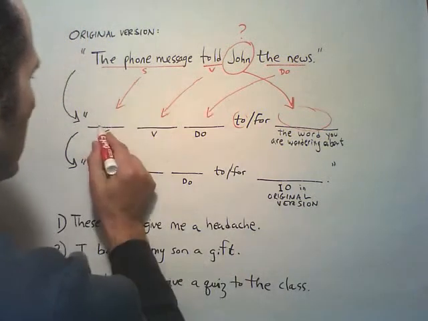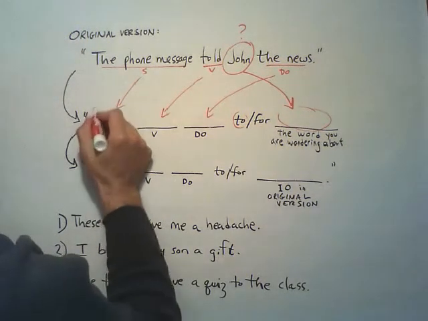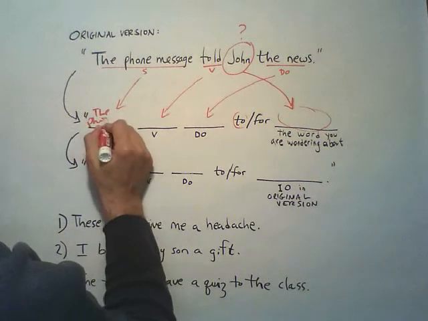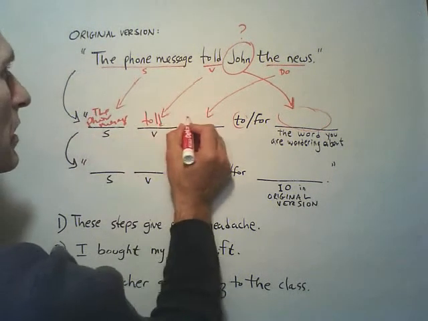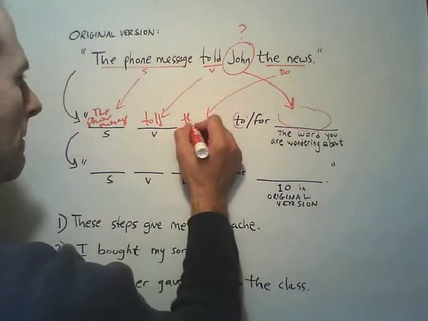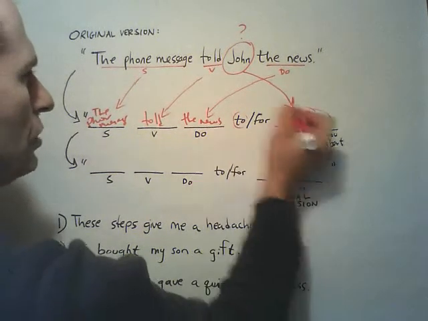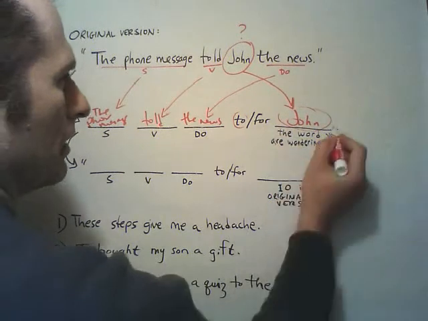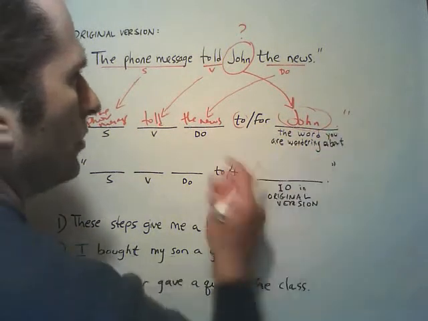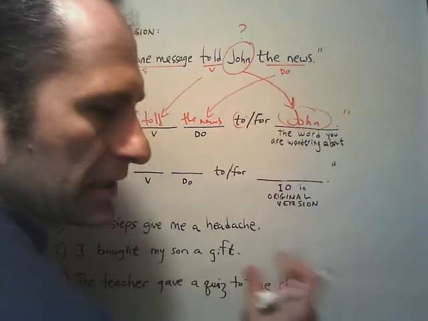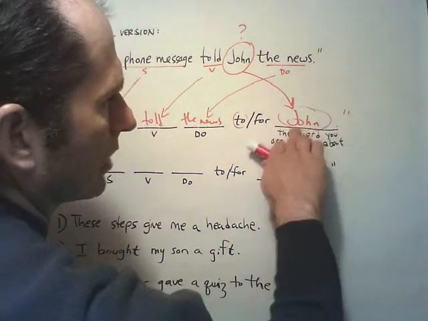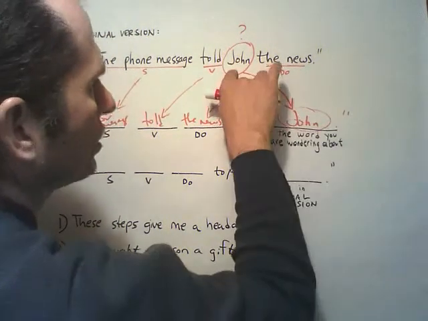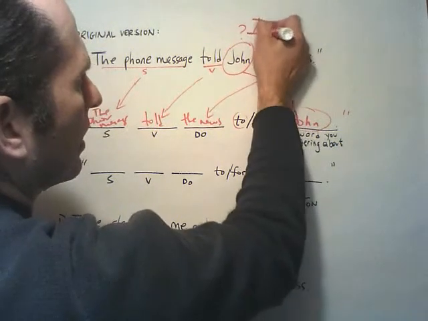So let's take a look. The phone message told the news to John. Do I have the same thing basically in the sense of meaning? Yes, I do. So whatever goes in here, in the original, is an indirect object.